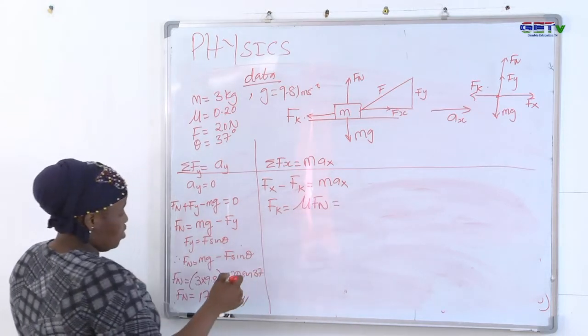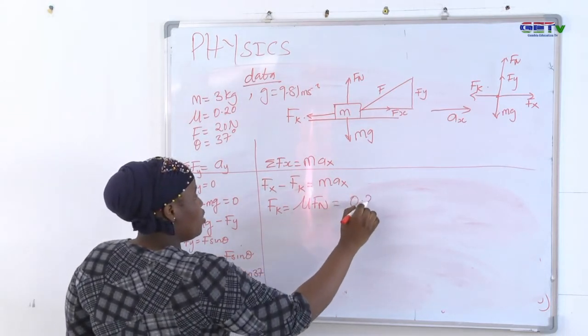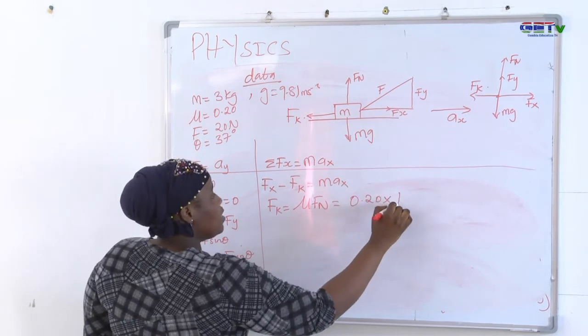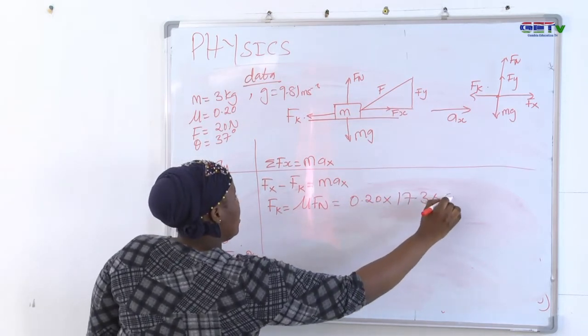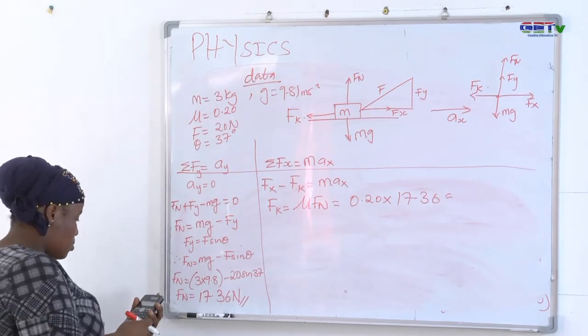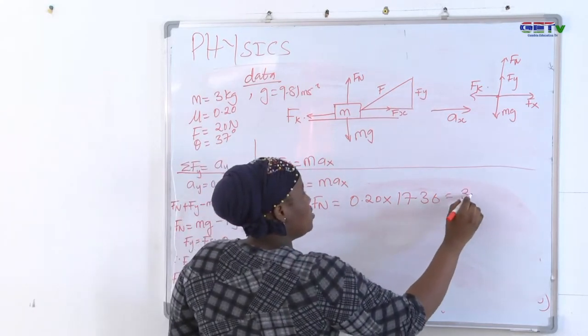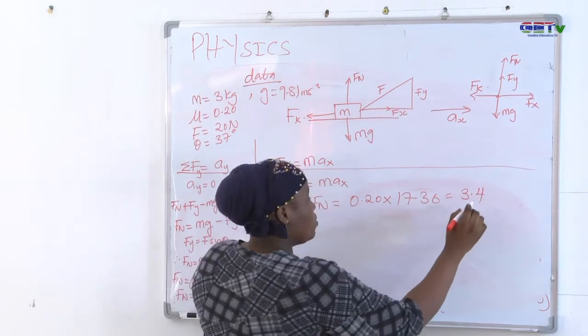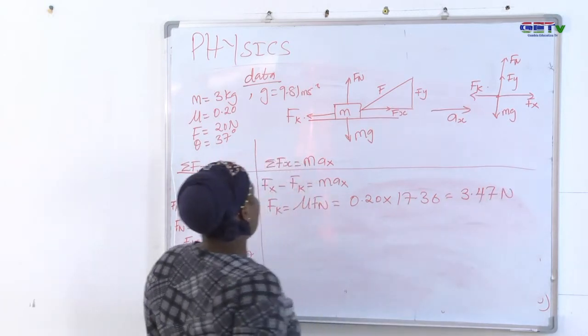When that is solved, we obtain 0.2 times 17.36, and that gives us the frictional force acting, 3.47 Newton.